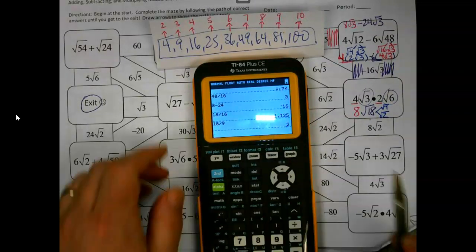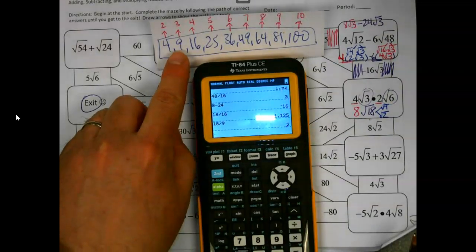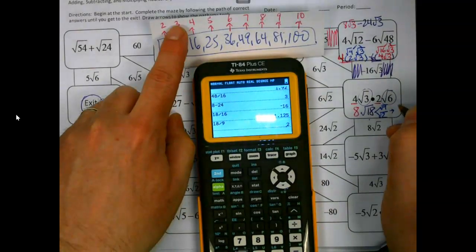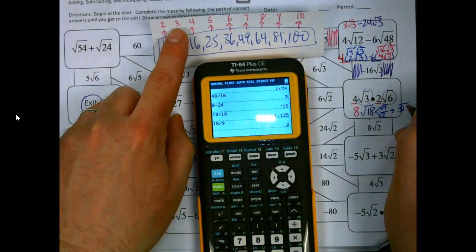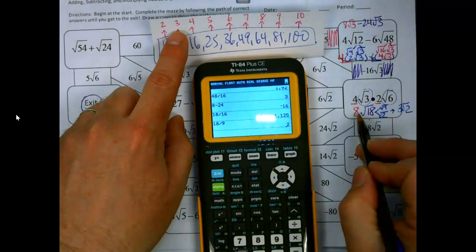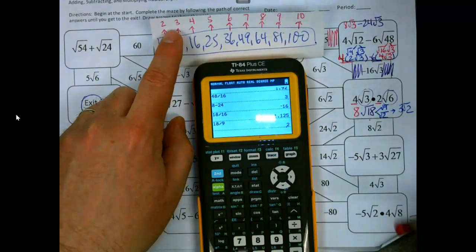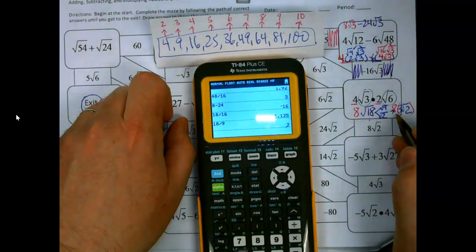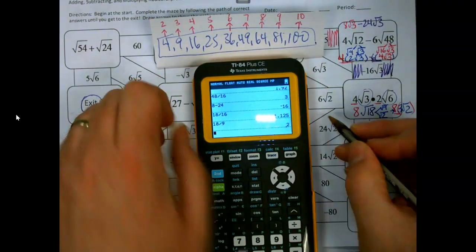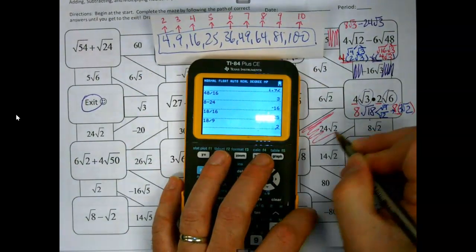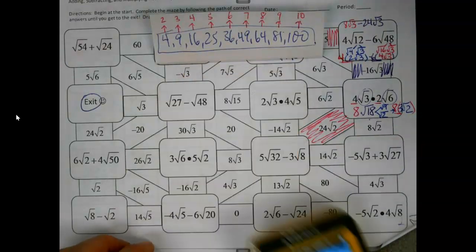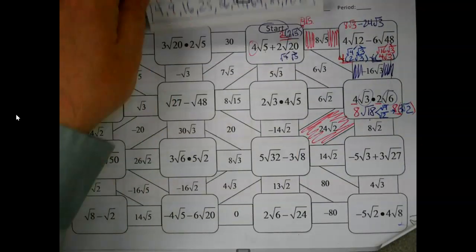So 9 and 2. 9's in my list. So the square root of 9 is 3, square root of 2, and now my 8's lurking. 8 times 3 is 24, square root of 2. And I've got my next step towards getting to the end.